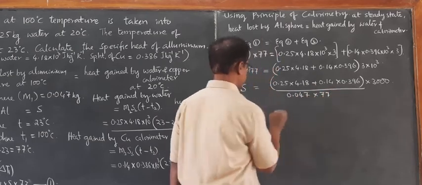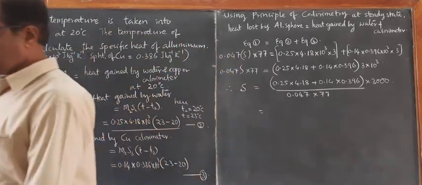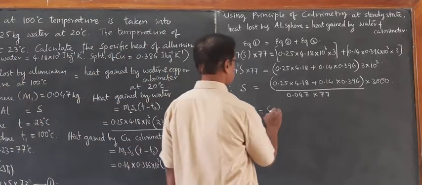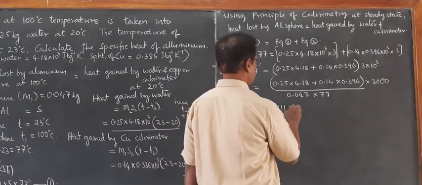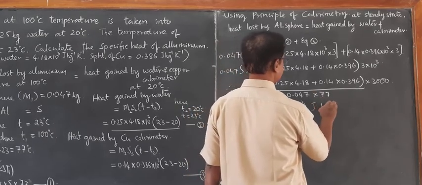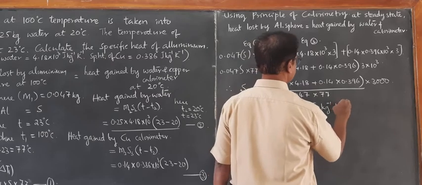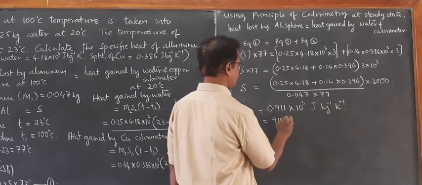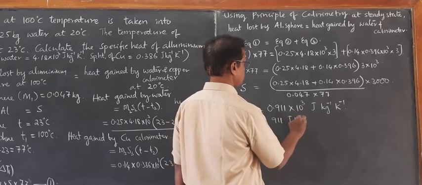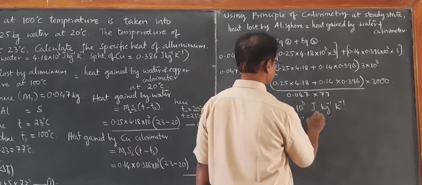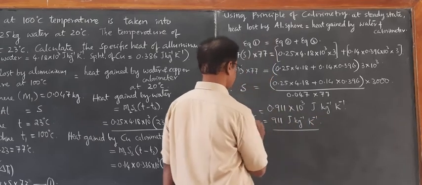If you calculate, this comes out to be 0.911 kilojoule per kg per Kelvin. That is 0.911 into 10 raised to 3 joule per kg per Kelvin, which is nothing but 911 joule per kg per Kelvin. This is the specific heat of aluminium.